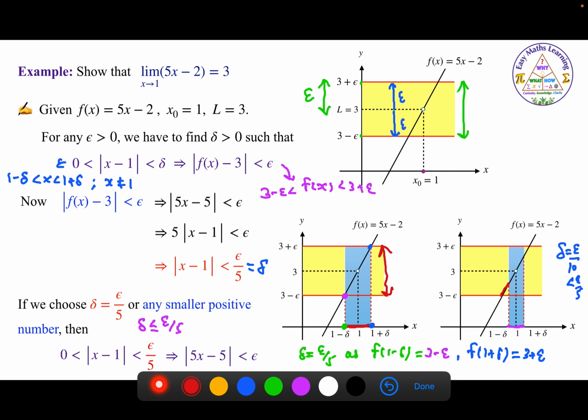So for delta equal to epsilon by 5 or any smaller positive number, keeping x within the symmetric band will keep the function values within the epsilon band. This proves the definition of limit.